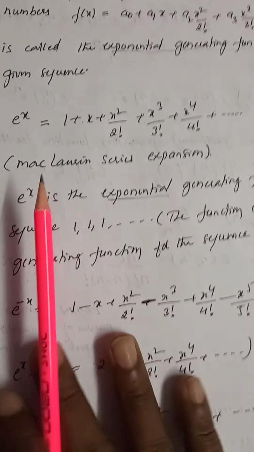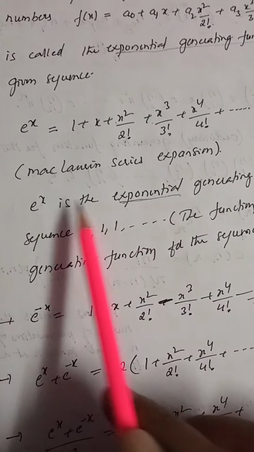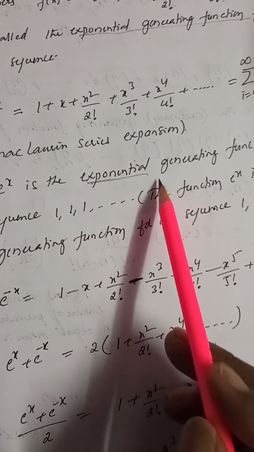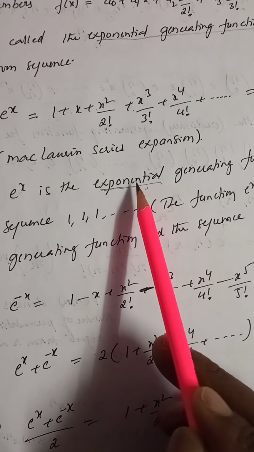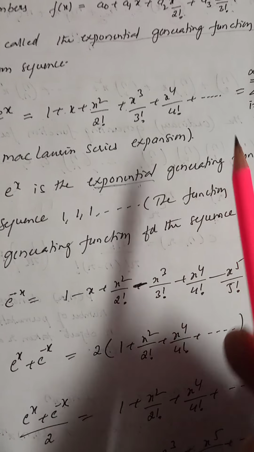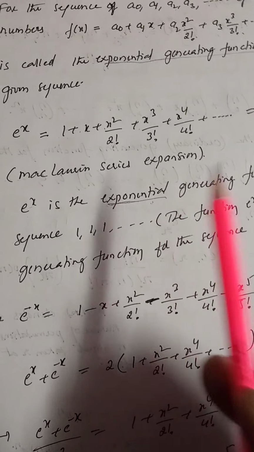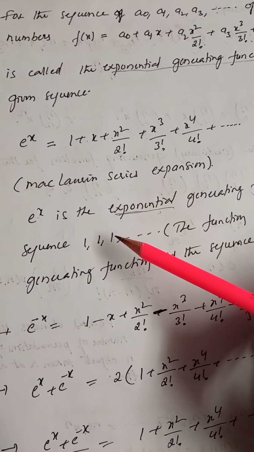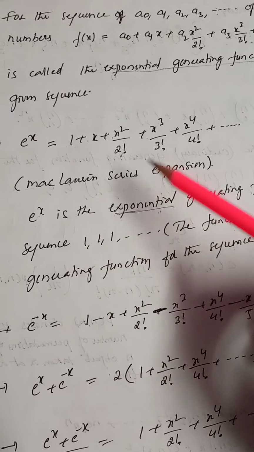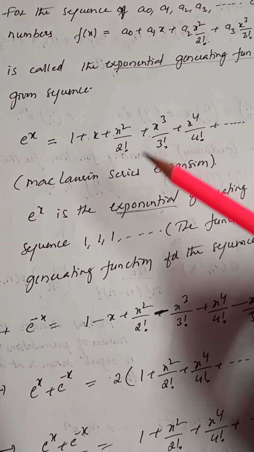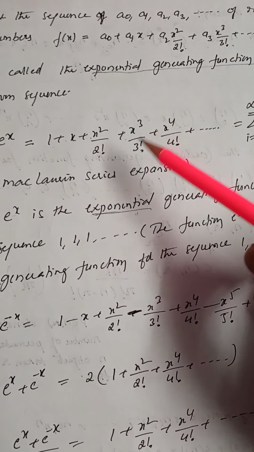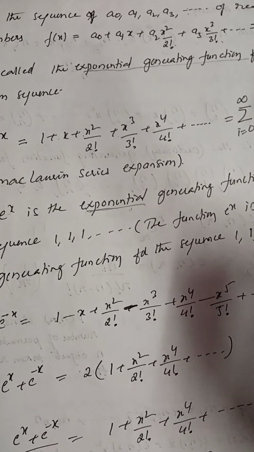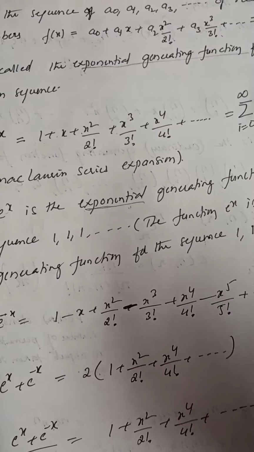Whereas if you want to write e power x as the exponential generating function, if you add this word exponential generating function, then we have to write the coefficients of x power 0 by 0 factorial, the coefficient of x to the power of 1 by 1 factorial, x to the power of 2 by 2 factorial, the coefficient of x to the power of 3 by 3 factorial.